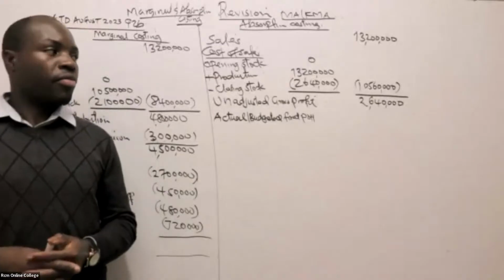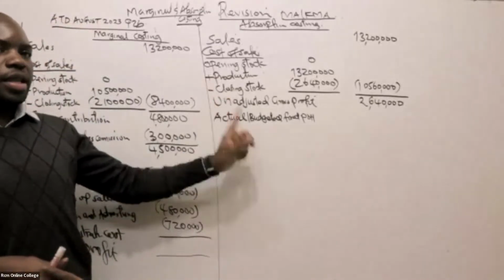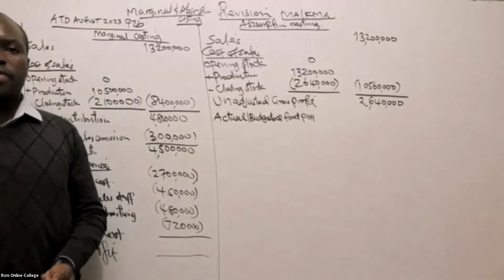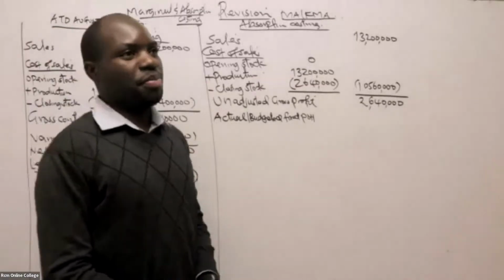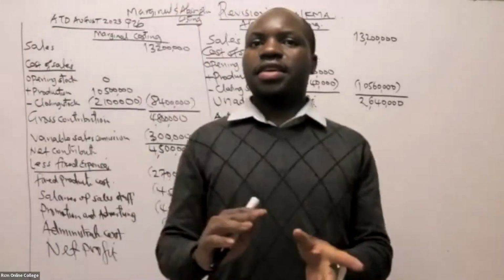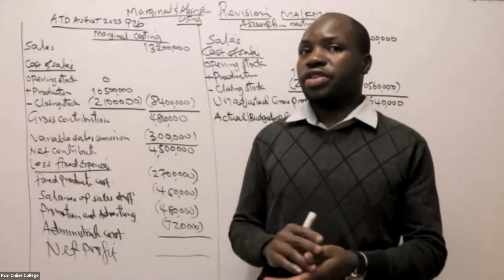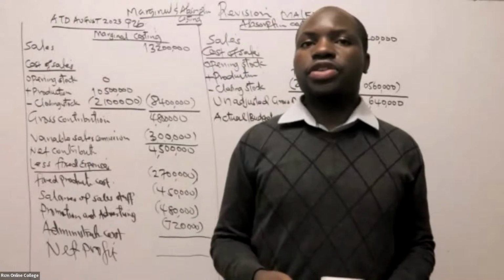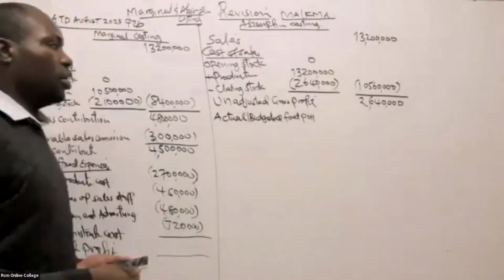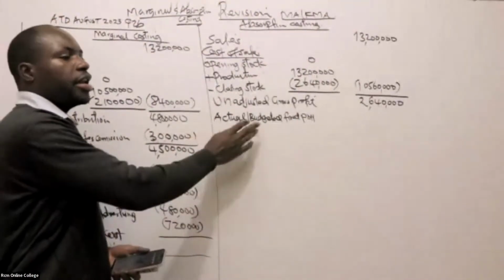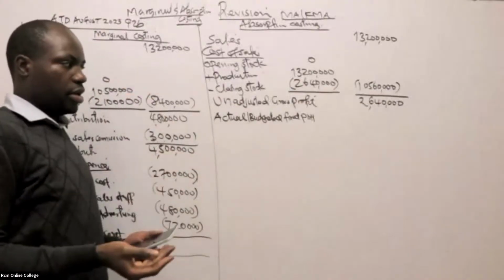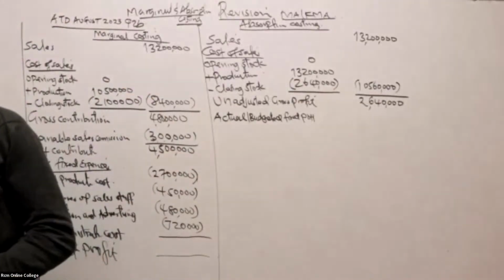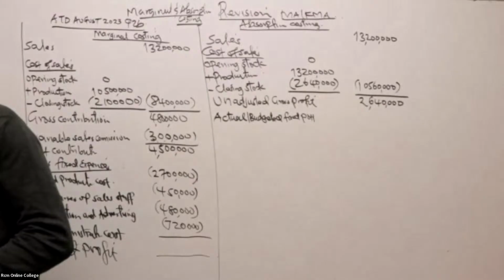I'm repeating that. I'm starting with actual or budgeted because in some questions, for example, if you look at CPA, it must be one of the sittings in 2023 or 2024, we were having what we call actual and budgeted. So students are not able to pick, is it actual or budgeted?